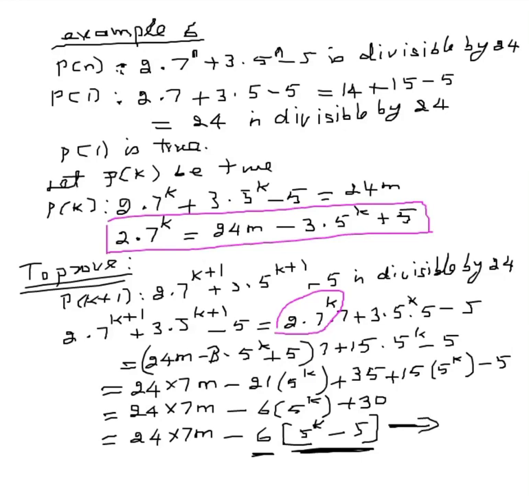Now we are going to show that 5^k minus 5 is a multiple of 4. K is equal to 1 we already proved; the result is true for k equal to 1, P(1) we proved already. So let us take k equal to 2. If k is 2, 5 square minus 5 is 20.